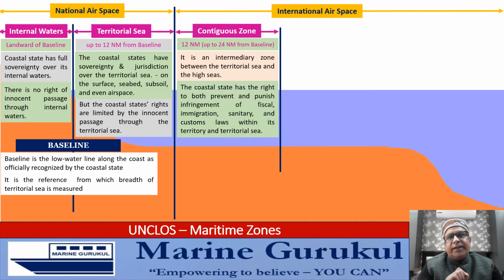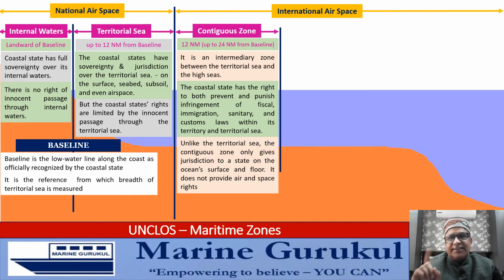The coastal state has the right to both prevent and punish infringement of fiscal, that is monetary, financial, immigration, sanitary, and customs laws within its territory as well as the territorial sea.